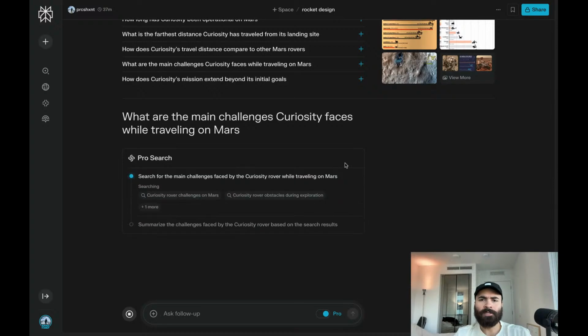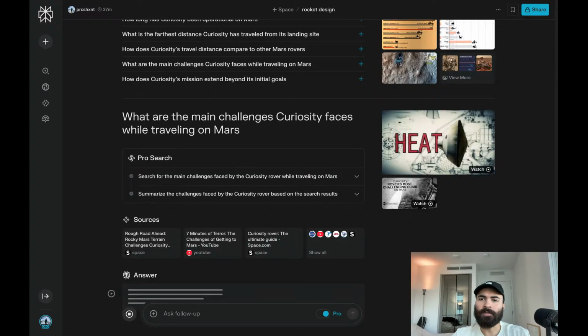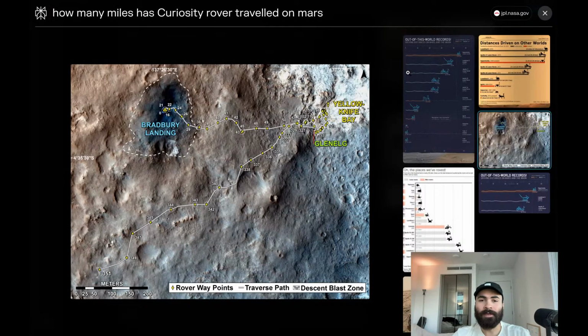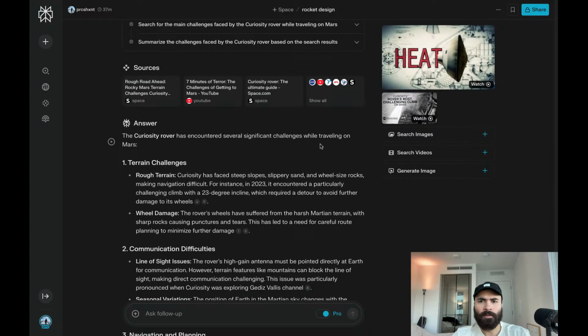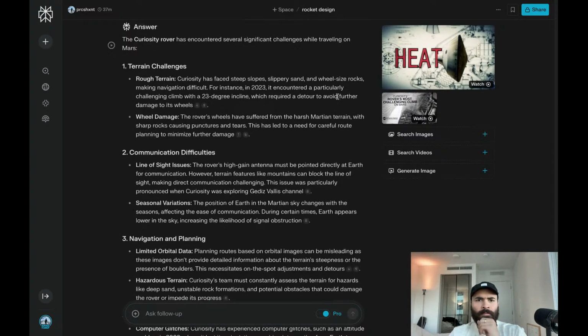What are the main challenges? So we still don't know much. We know nothing. Yellowknife Bay, Bradbury Landing, Traverse, Bar Descent, Blast Zone. Curiosity has faced steep slopes, slippery sand, and wheel-sized rocks, making navigation difficult.